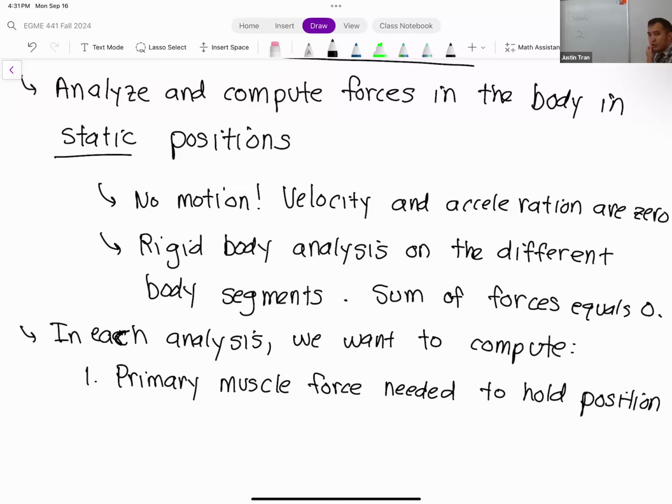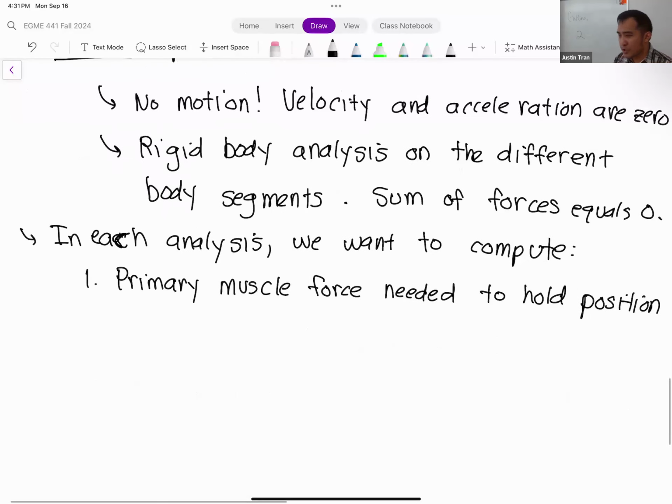So in every situation, there's going to be some force that the muscle needs to exert to hold the position. Most of the time, it's going to be to support some kind of weight or some kind of external force.